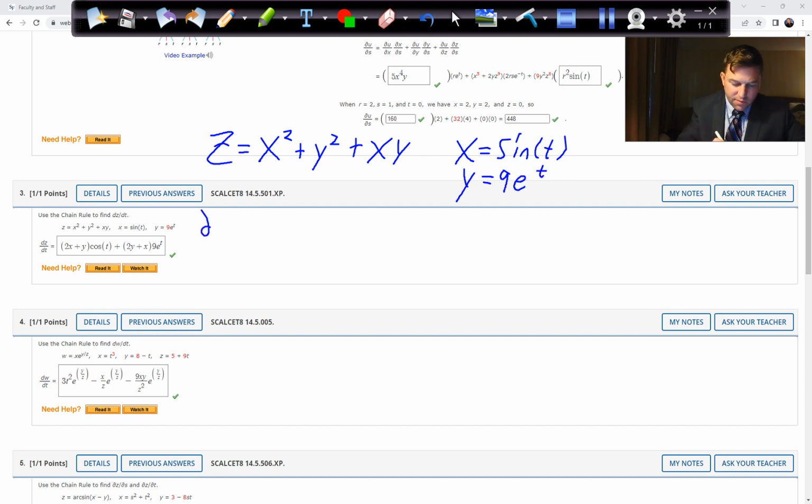And they want us to find partial z, partial t. Well, that's going to be derivative of z with respect to x times derivative of x with respect to t. It's going to be the derivative of z with respect to y times the derivative of y with respect to t.